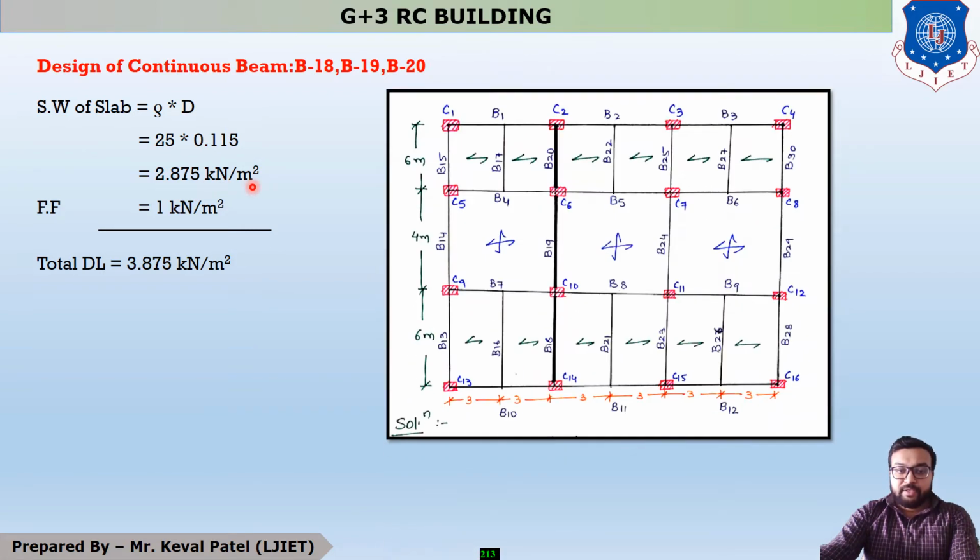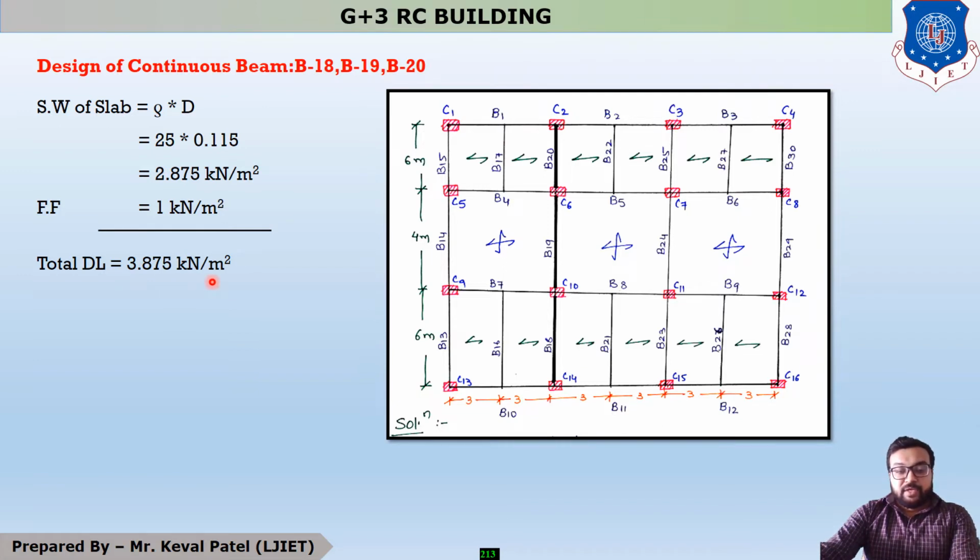And after that, the floor finish is equal to 1 kilonewton per meter square. So our total dead load always remains the same, because the thickness of all the slabs is the same and the floor finish is also the same. So these two dead loads always remain the same for all the slabs, which is 3.875 kilonewton per meter square.